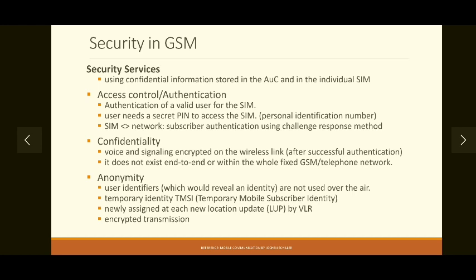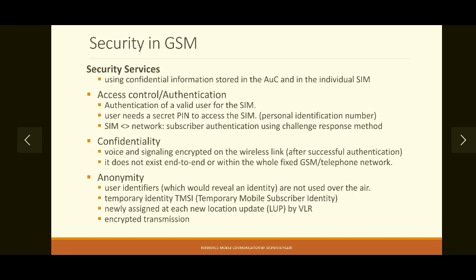The next service is confidentiality. Once users are authenticated, they can start using GSM services for making a communication, whether that communication is a voice communication or data communication. In both cases, their data exchange or voice exchange will be kept confidential by using encryption mechanism.